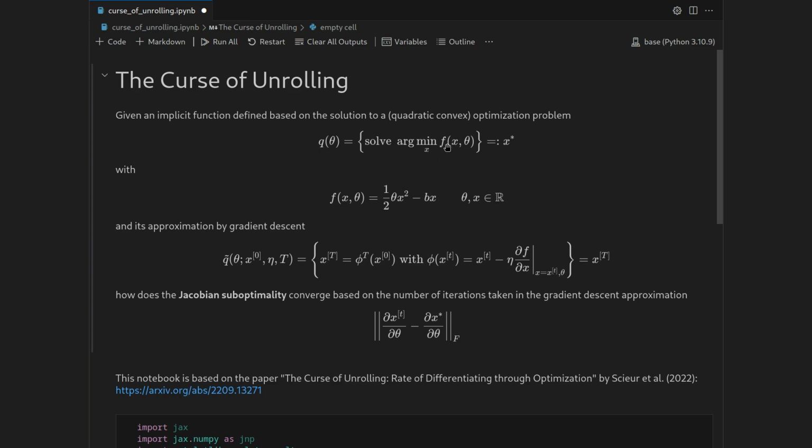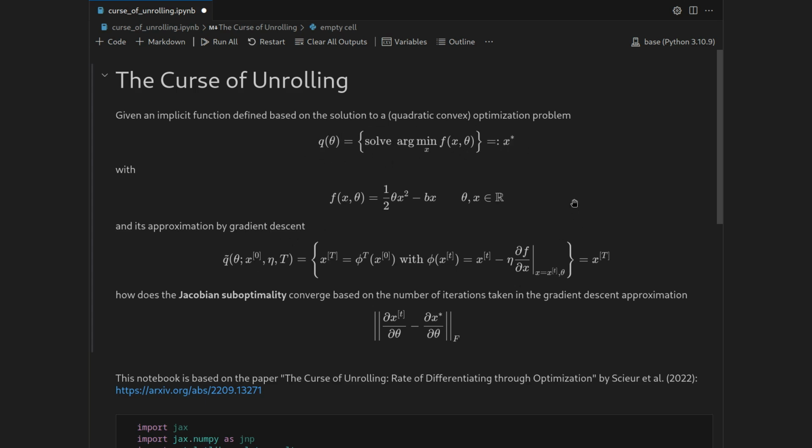And now we do unrolled differentiation. And whenever we do unrolled differentiation, we need to open the black box and need to actually have our algorithm that solves the optimization problem being implemented in a differentiable way. Here we will consider a very simple gradient descent algorithm with a constant learning rate. So we basically say we approximate this solution, so we don't get the full x star.